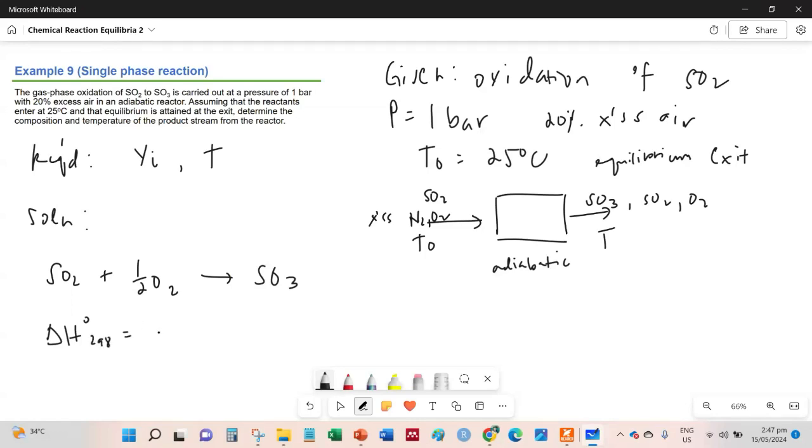But you can calculate that from the delta H of formation, so I leave it up to you. And delta G at 298 is negative 7866. The unit is joules per mole.